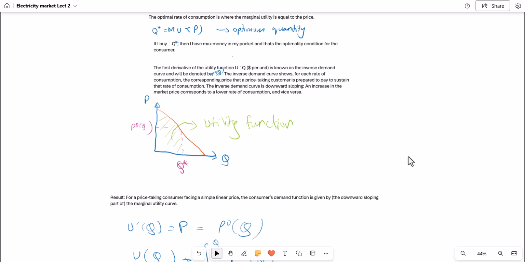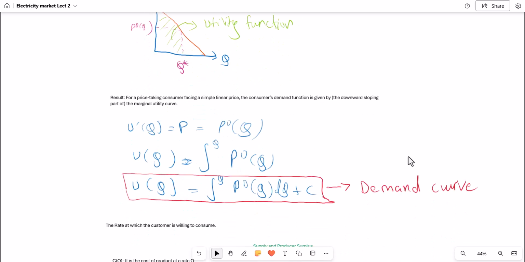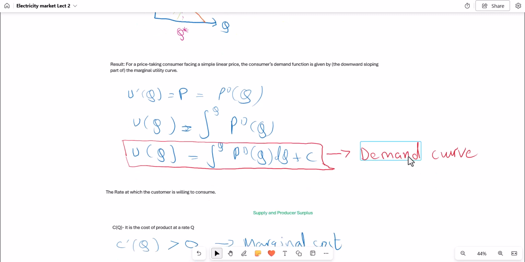So this was the inverse demand curve. We can also find the demand curve by taking the opposite: it was u dash of Q, we will integrate it and we will get the demand curve, and this will be basically the rate at which the customer is willing to pay.